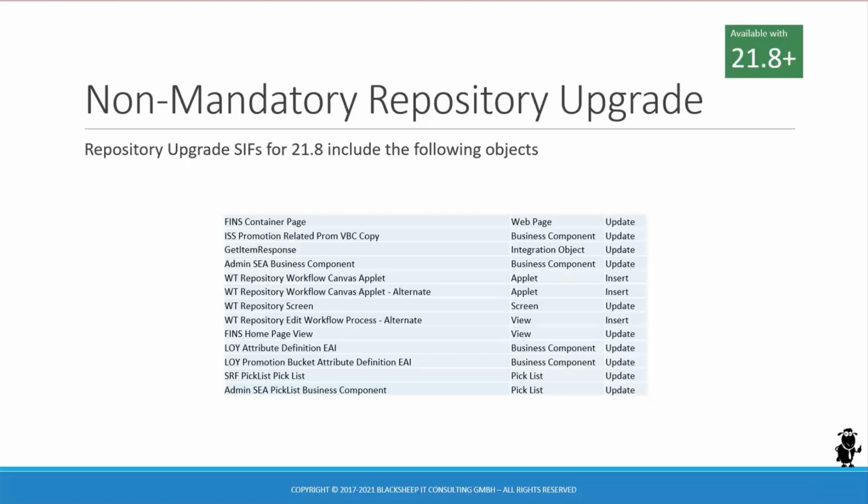So I put together this list, and these are the objects that are updated or inserted. That's the difference between, let's say, 21.7 and earlier. You get a lot of stuff, of course, and this is the additional stuff you get with 21.8. You could just open the ZIF files that repository upgrade imports automatically.